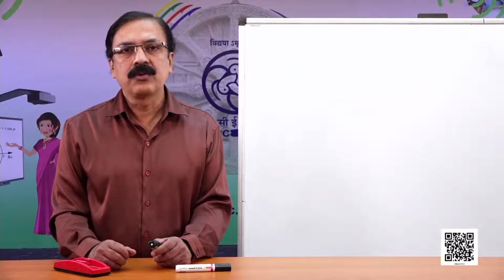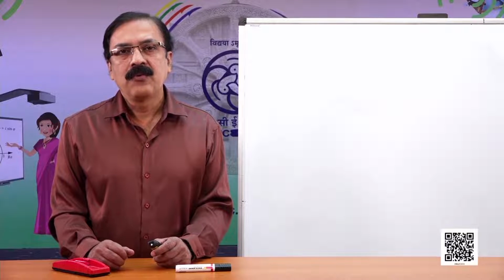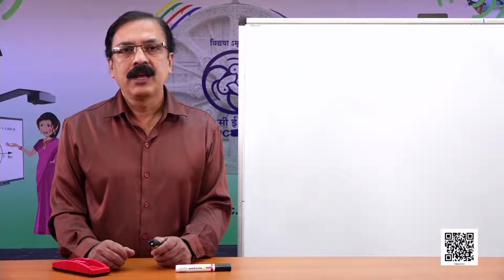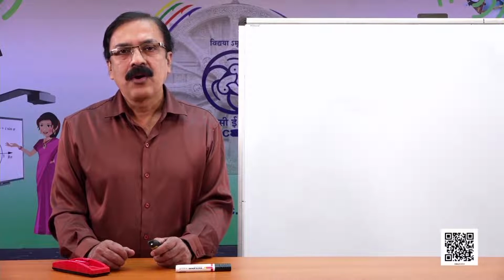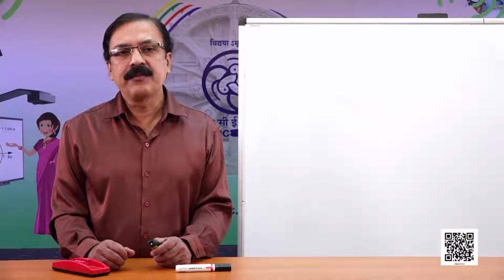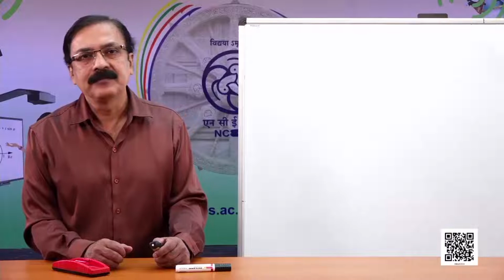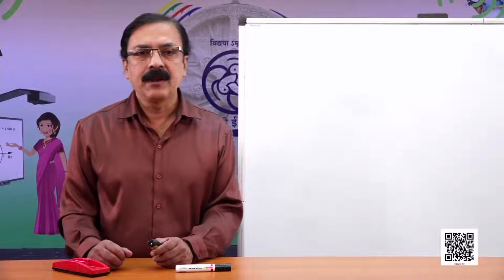Before going to discuss this, let's know what we mean by the distance of a point from a line. To get this, let's see how many line segments can be drawn from a point outside a line to the line. Here is the figure.